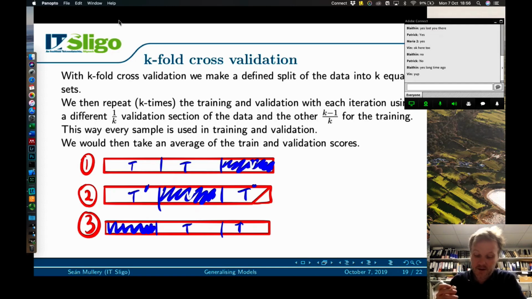Now the ultimate version of this is called leave one out. Let's say, for example, that you had 1,000 samples that made up both your train and your validation set. You would use 999 of them for training and just 1 for validation. You would then run that 1,000 times, using a different one for validation each time and a different set of 999 for training each time.